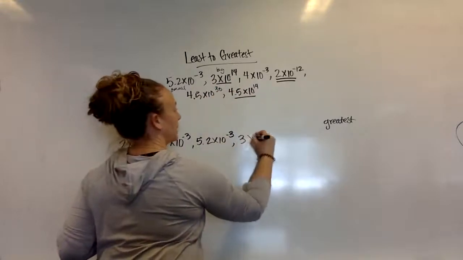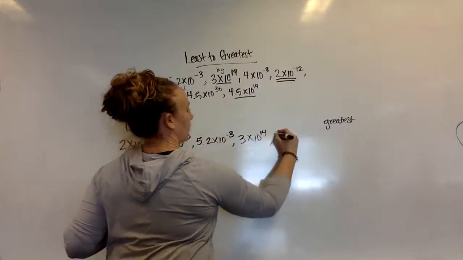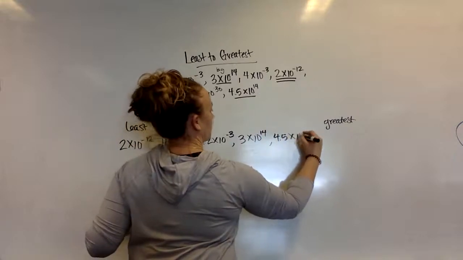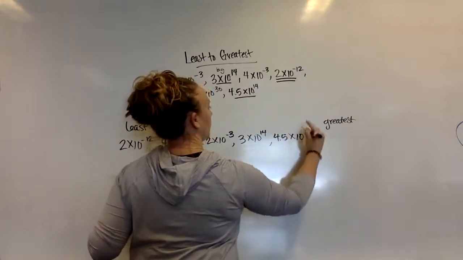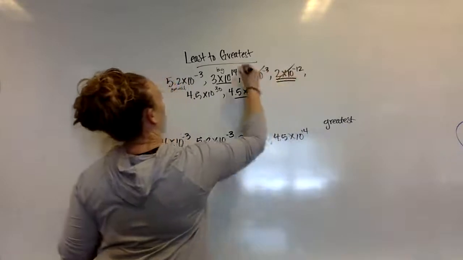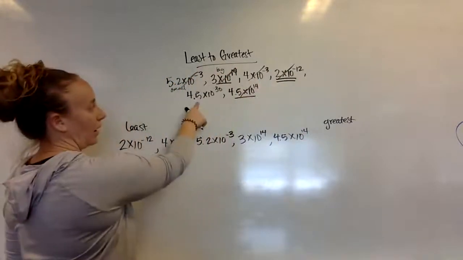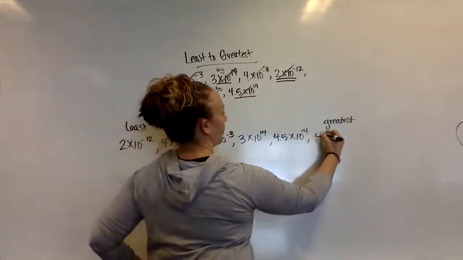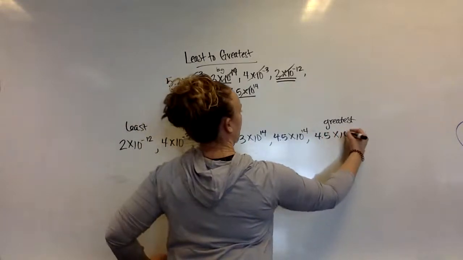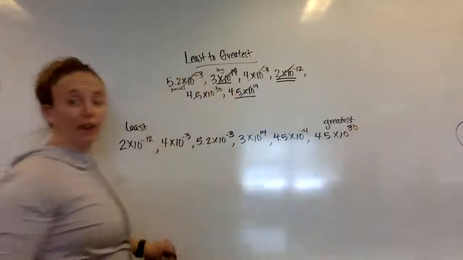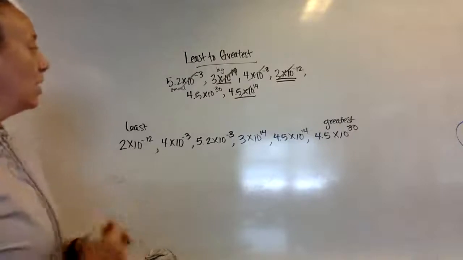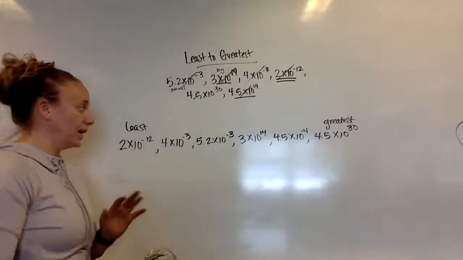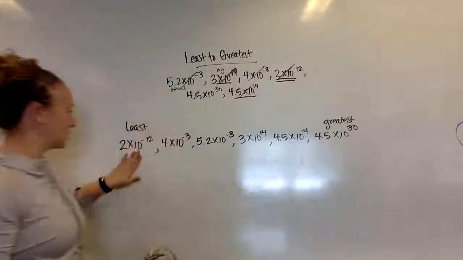So I'd say 3 times 10 to the 14th, then 4.5 times 10 to the 14th. Now, what do I have left? All I have left is this final 4.5 times 10 to the 30th, which very clearly has a much greater order of magnitude. Therefore, it is the biggest number, versus this being the smallest number.